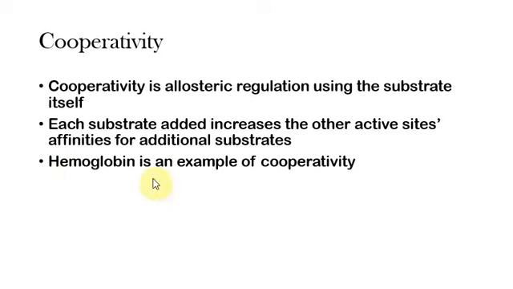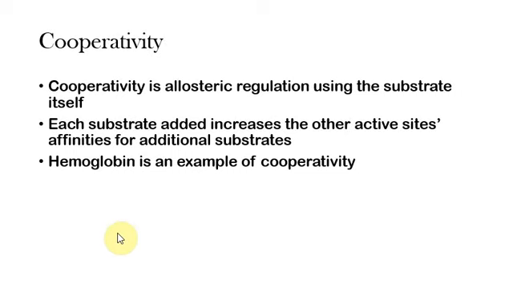The example is hemoglobin. Again, like I mentioned earlier, hemoglobin is in your red blood cells, and it binds oxygen. Every time hemoglobin binds an oxygen, it'll have a higher affinity for an additional oxygen, and every time hemoglobin gives up an oxygen, it'll have a lower affinity for the oxygens that remain.